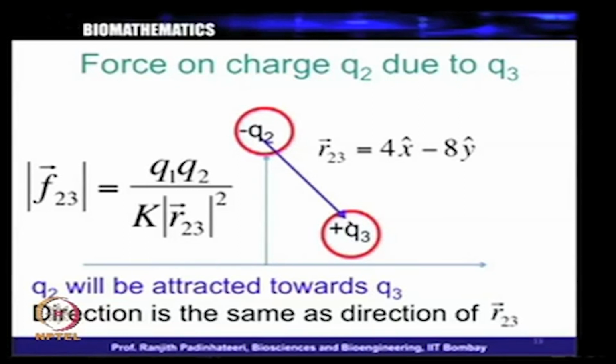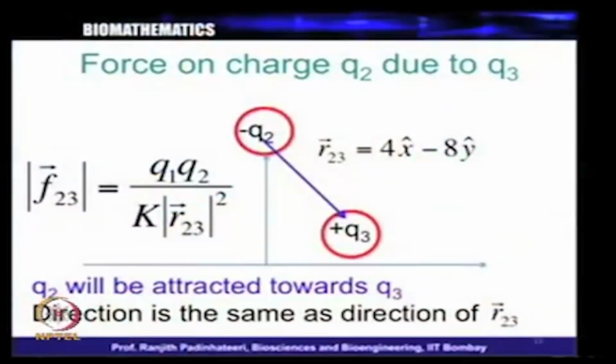So, F23 will be in the direction of R23. We discussed a minute ago that to show the direction of anything we have to use a unit vector. So, we use unit vector R23 to show the direction along R23.